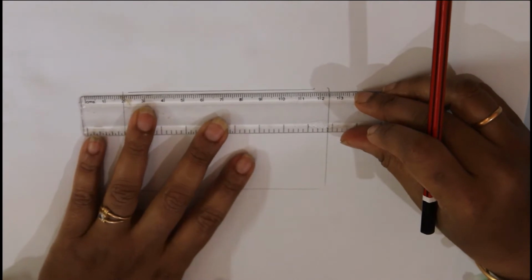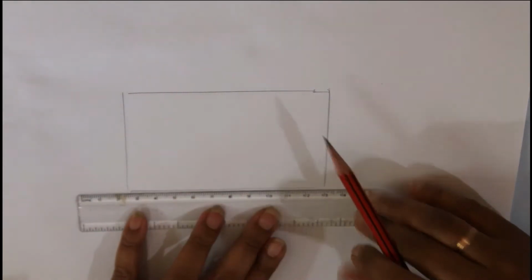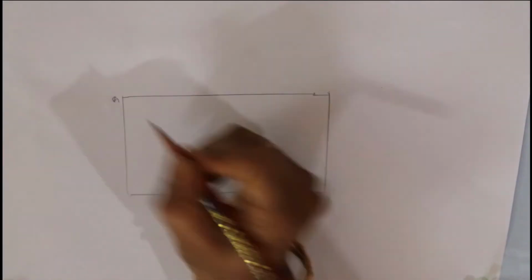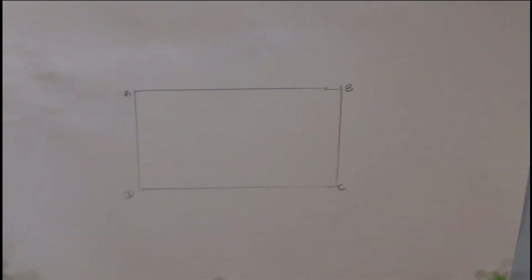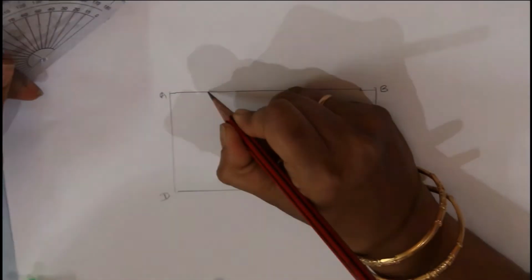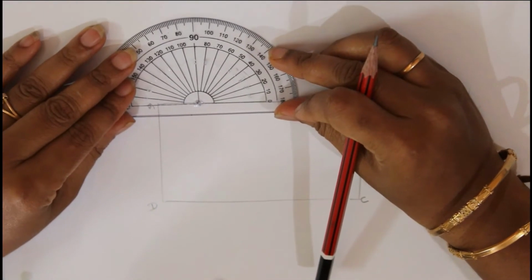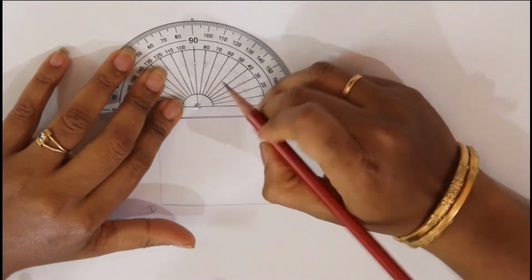Now I have removed the glass slab. Let us make the edges thicker. Let us name it ABCD. So now using the protractor I'll mark 90 degrees, that is the normal, and then I'll mark 60 degrees.